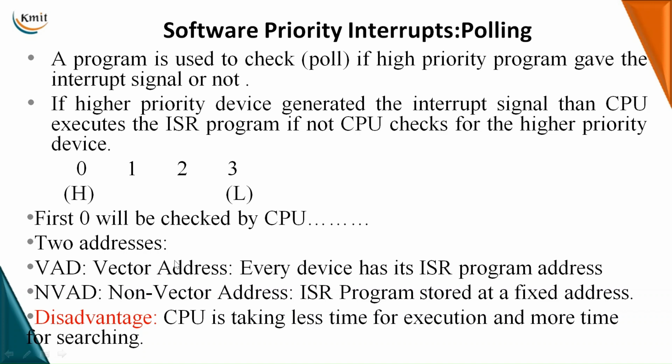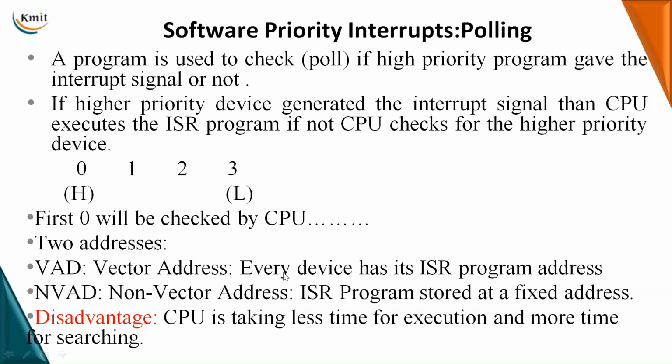Each and every device connected to the computer system has its own interrupt service routine program address. That is a certain location in the memory assigned for storing that particular device's interrupt service routine program, and for each device this address is different. So we call it the vector address of that particular device.